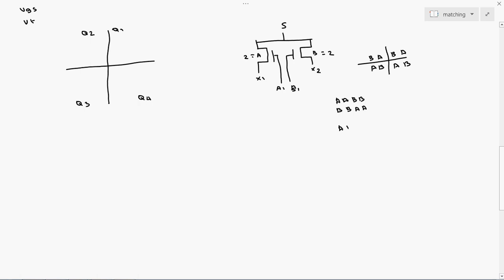Then A, B, B, A, B, A, B is another pattern. One more pattern: entire A on the upside and entire B, B, B, B. Then AB, AB, BA, BA is one more pattern, and then A, B, B, A, again A, B, B, A is one more pattern. Still I can go for n number of patterns.